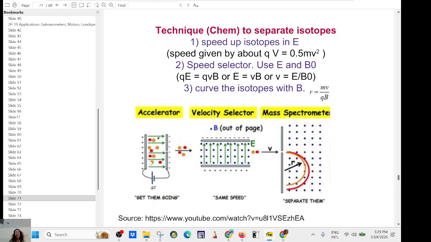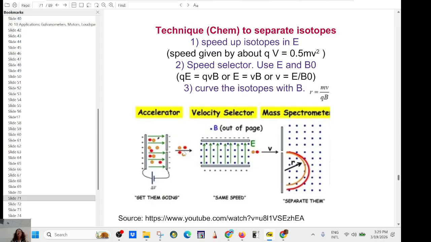Here's the idea: you have a bunch of isotopes with different masses, and you make sure they have the same charge but different masses. You accelerate them through a potential, so they speed up. But now they have different speeds because isotopes don't have the same mass. The larger mass will have the smaller speed, and the smaller mass will have the larger speed.